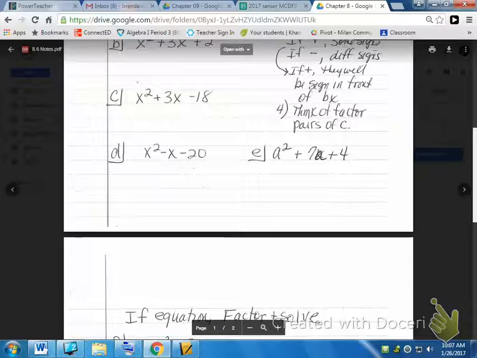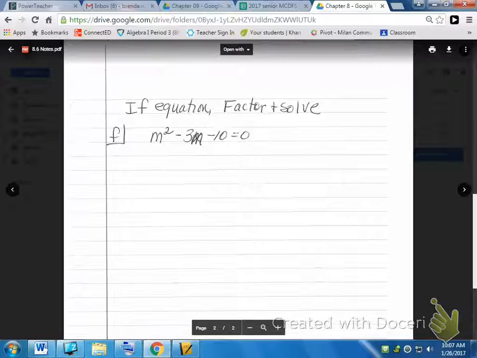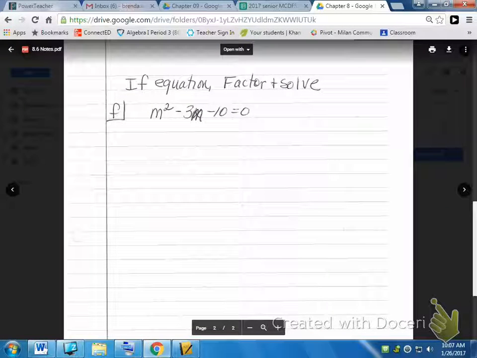All right, let's see what this is really all about. We're leading up to solving equations. These are called quadratic equations. Anything with a squared term is called a quadratic equation, and that's what this is. What you do is you factor it like we just did, and notice that it's equal to 0.